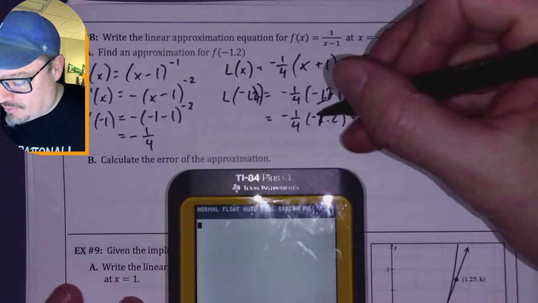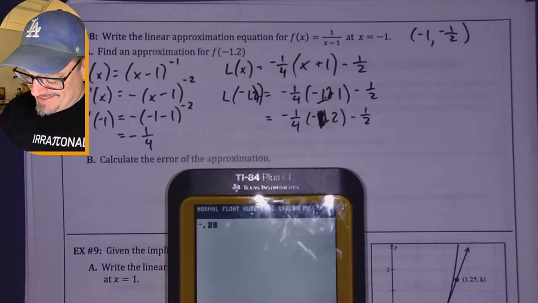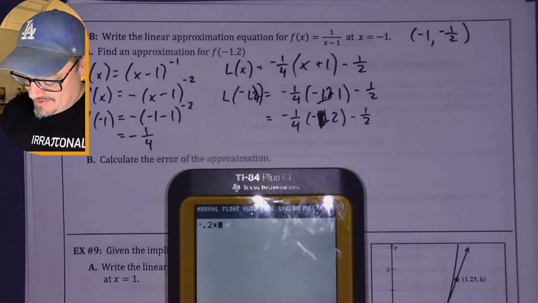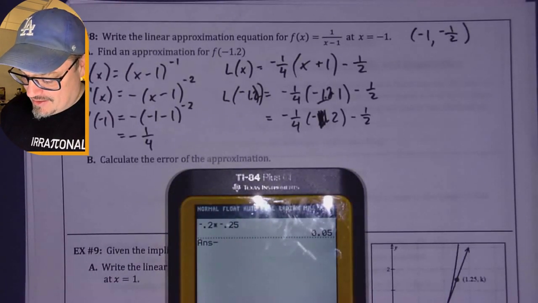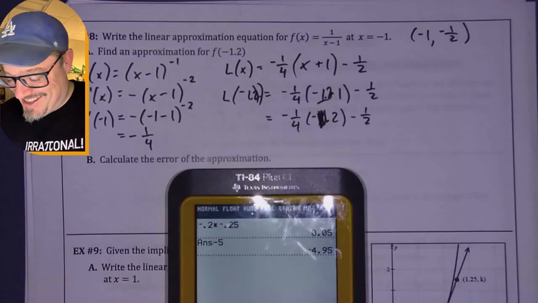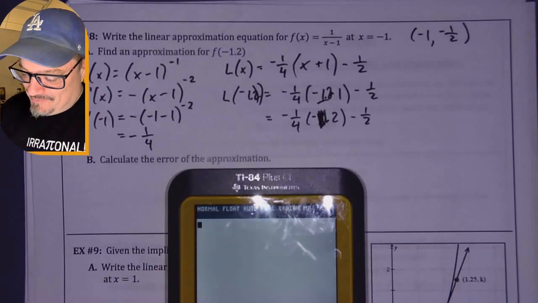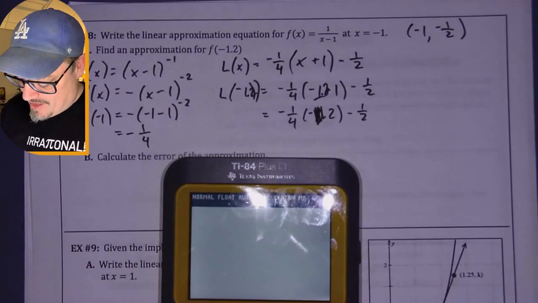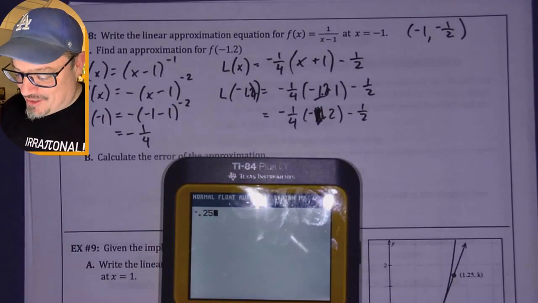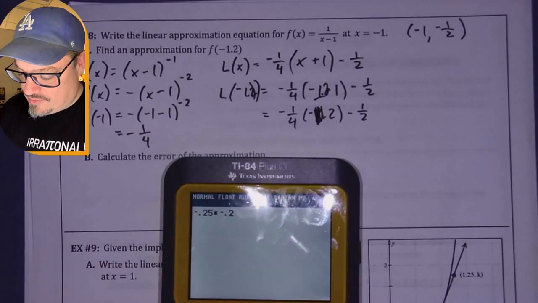Should be just 0.2, right? Still screaming. What? I didn't do 0.5. Okay. And I can't cut this video either. Shoot. All right. Negative 1.25 times negative 0.2.